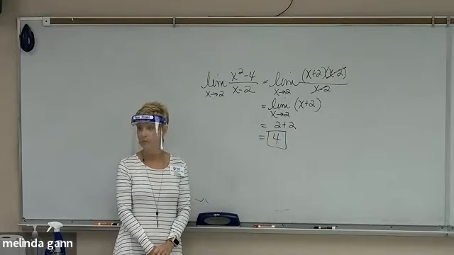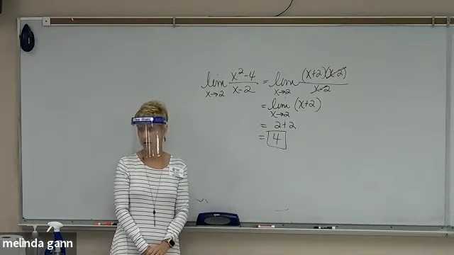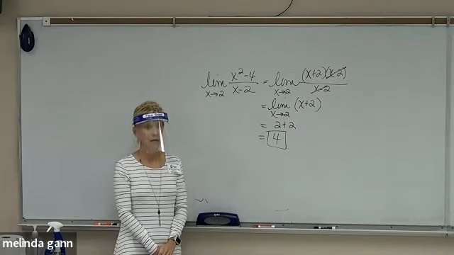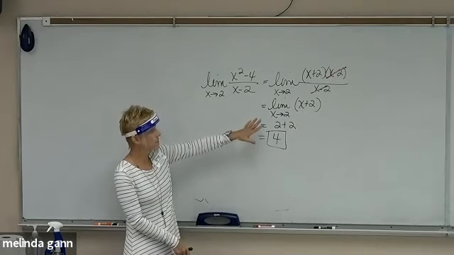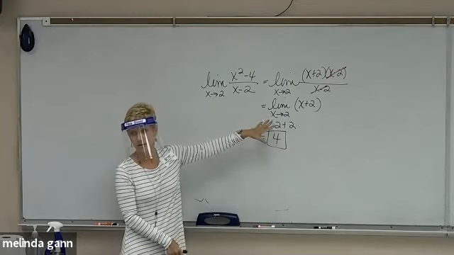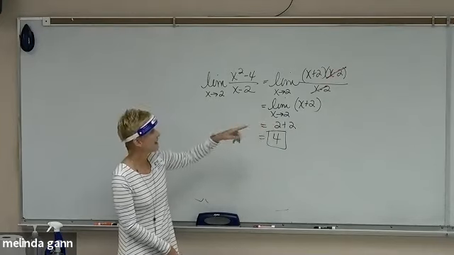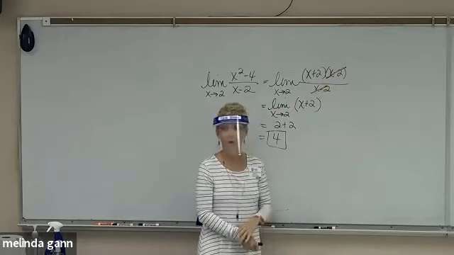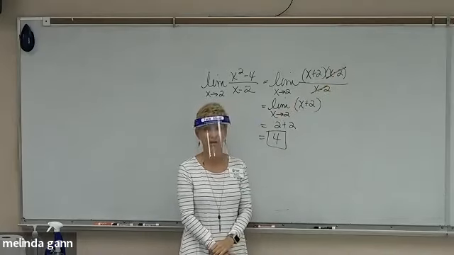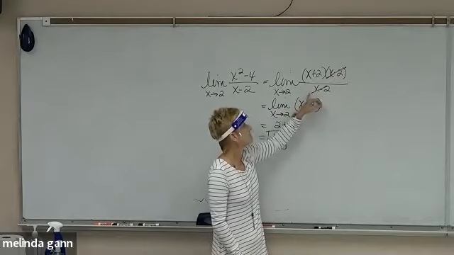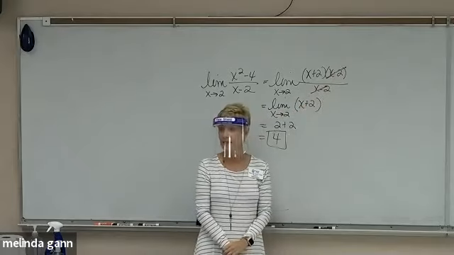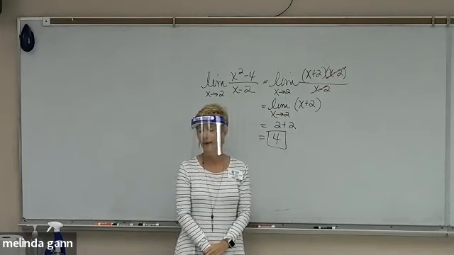Sometimes factoring helps. Sometimes it doesn't. Okay? Now, I need to make sure you understand the mathematics. Why can you just divide those things out? See, I don't like the word cancel. Here's why. When you divide them, what are you really saying that equals? 1.